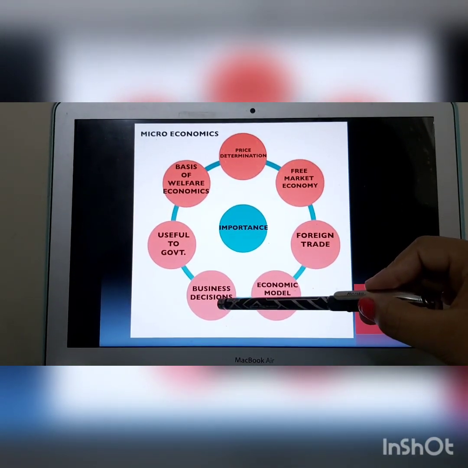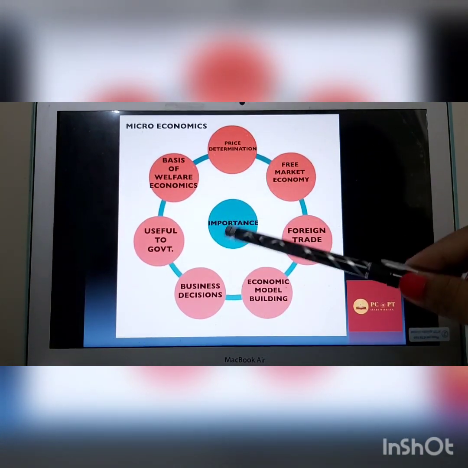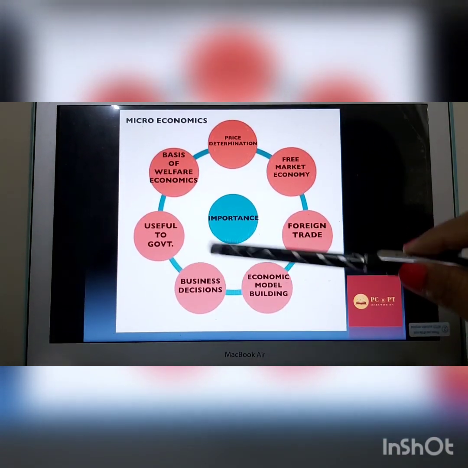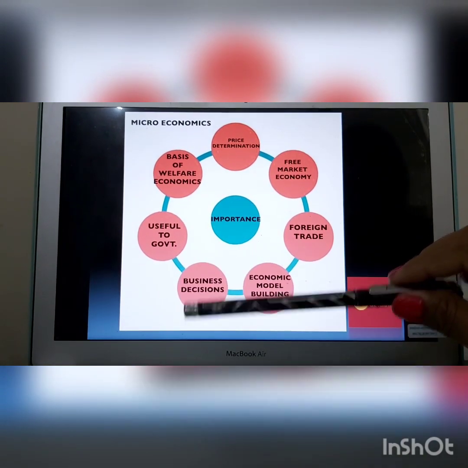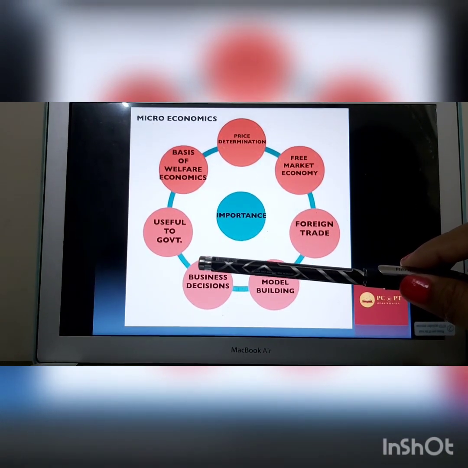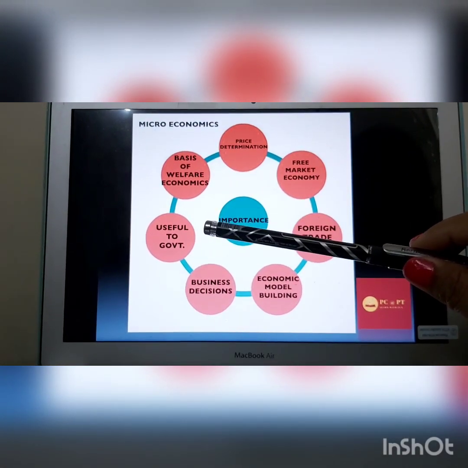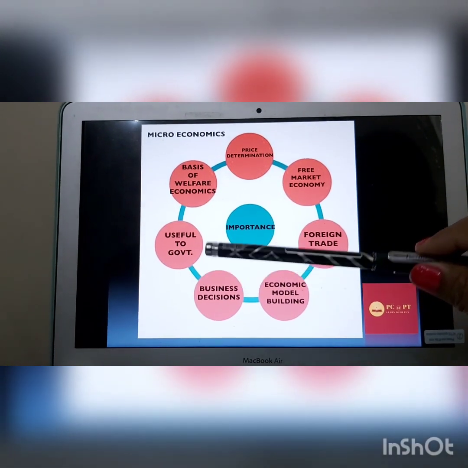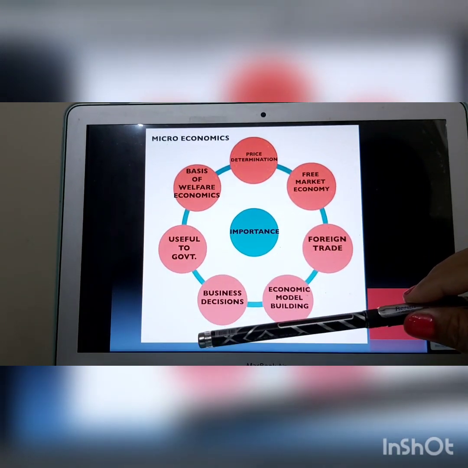Because if the cost of production of this pen for the manufacturer is 2 rupees, then perhaps it reaches us at 5 rupees, including the entrepreneur's profit and the distributors' profit. But if its cost of production itself is 7 rupees, then we will get it for 10. If the cost of production is 15 rupees, we will get it for 20. This is the normal margin that we have. So here the business decision relates to how they can control the cost of production, how they can determine the prices of their goods, what the total price of this pen will be, and how they will maximize their profit.